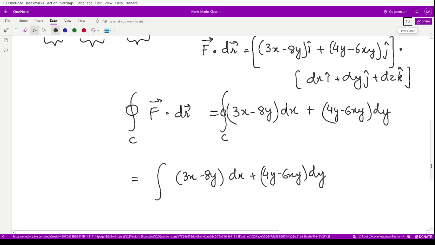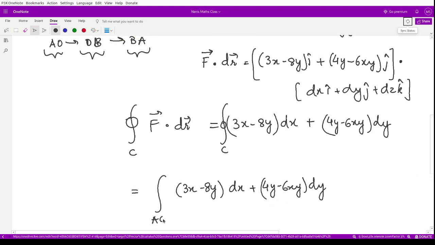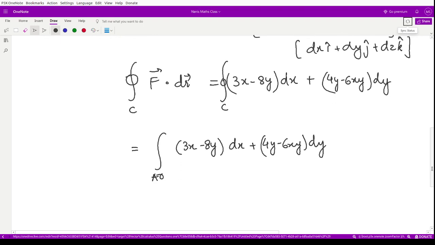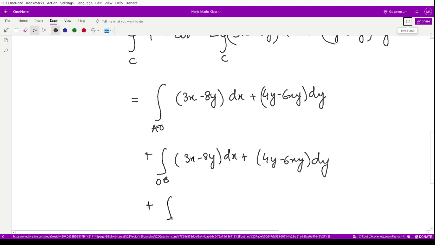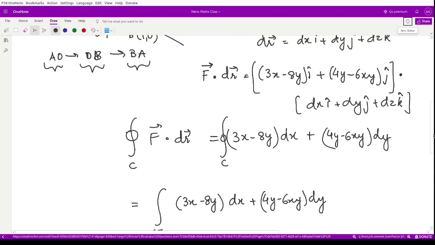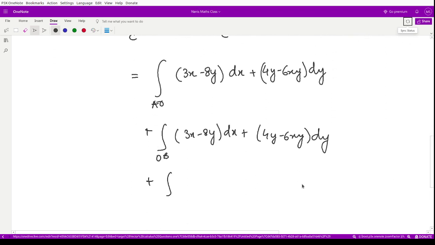Your first part is AO, so integration over AO, plus the second part, integration over OB, of the same thing, 3x minus 8y dx plus 4y minus 6xy dy, plus integration over BA of the same thing, 3x minus 8y dx plus 4y minus 6xy dy.